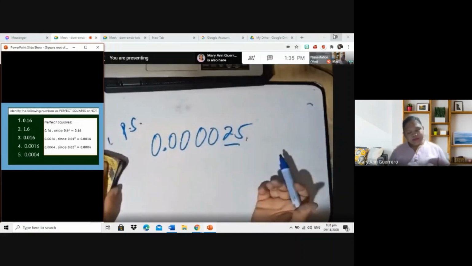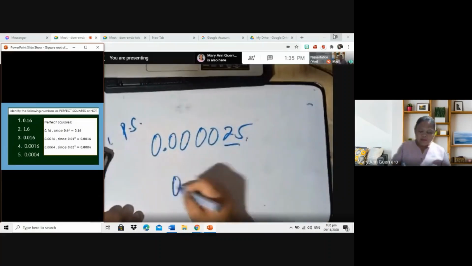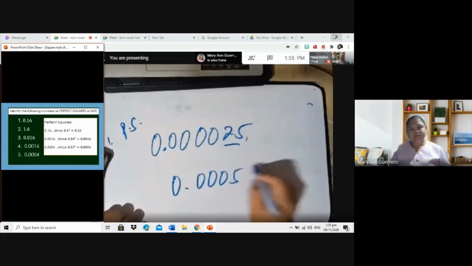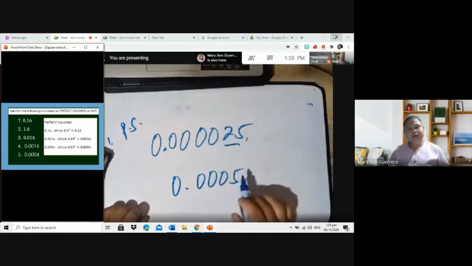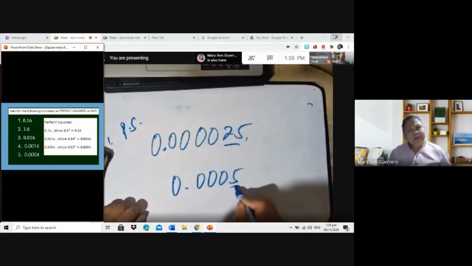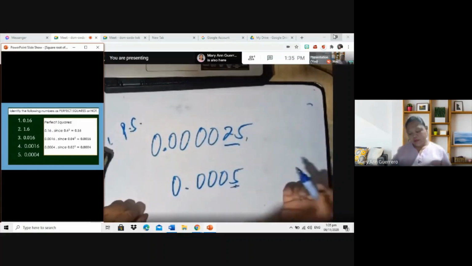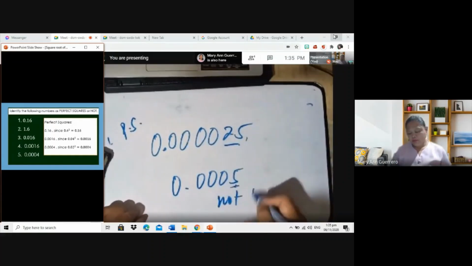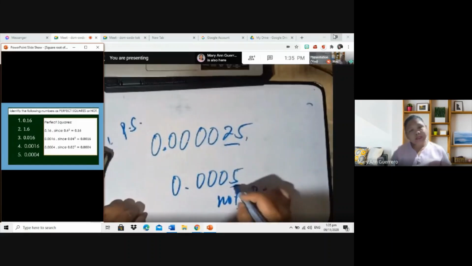Okay, halimbawa, meron tayong 0.0005. Yan. 1, 2, 3, 4. Okay, apat yan. Kaya lang, first and foremost, itong 5, yung non-zero digit, ay hindi na siya perfect square. Therefore, not a perfect square ito, kasi yung non-zero digit mismo natin ay hindi perfect square.